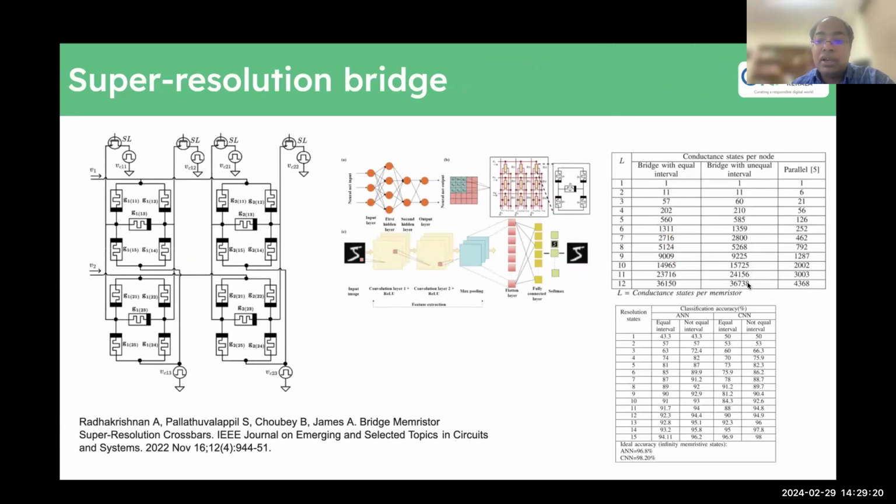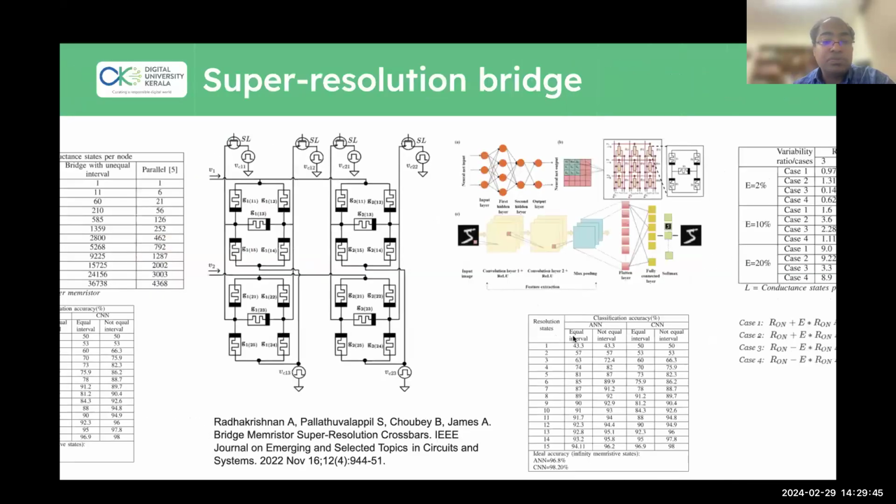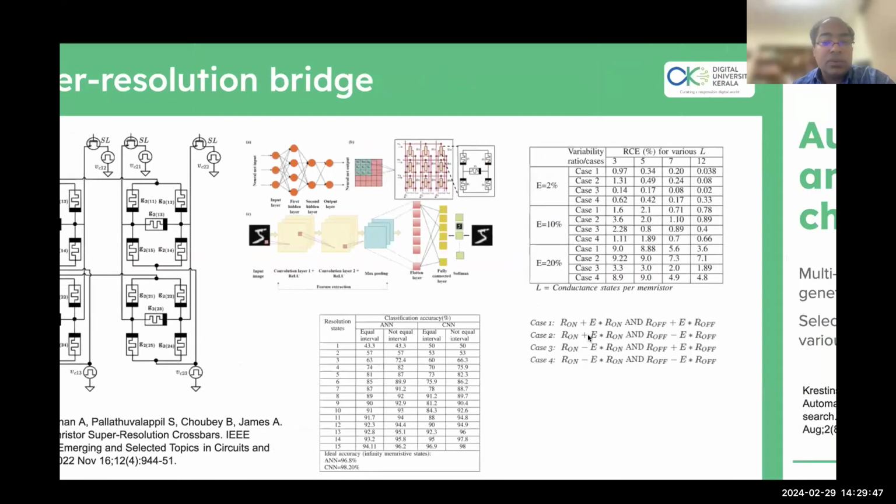This way, one could achieve a much larger number of stable conductance levels than one could achieve in parallel. But still, compared to a single device, even parallel would serve as a good simple solution. If you already have a fabricated crossbar and you don't want to change that configuration, then going through a parallel implementation becomes much more useful. These are some of the results.